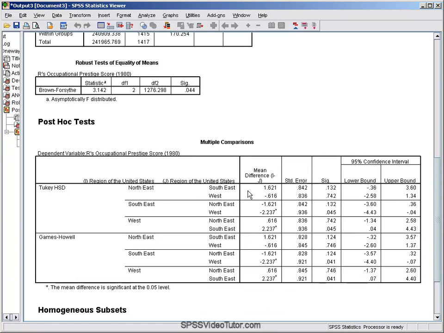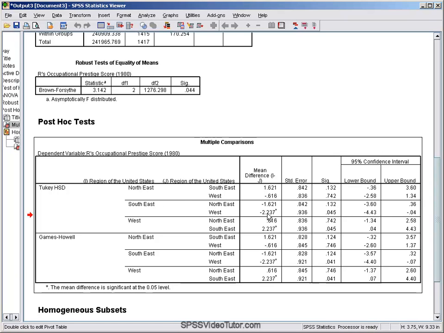Okay, so we look down the column labeled mean differences and look for any asterisks next to the values listed. Okay, so we have one here between the west and the southeast. Wherever you see an asterisk, this means that the two groups being compared are significantly different from one another at the p less than 0.05 level.